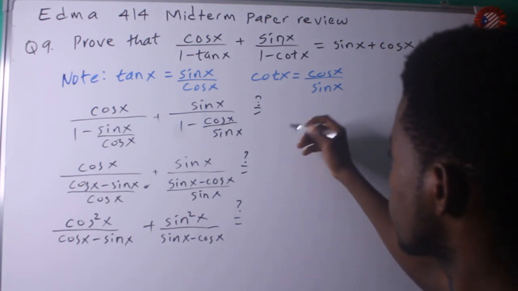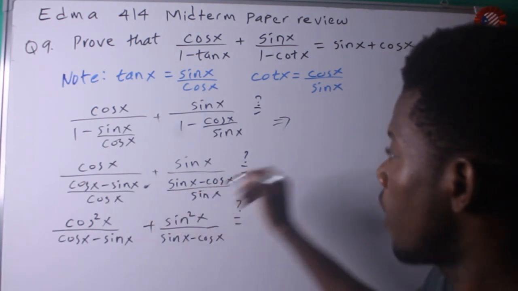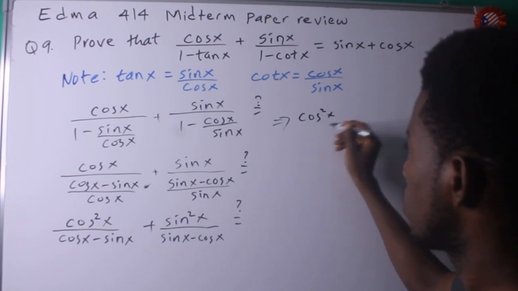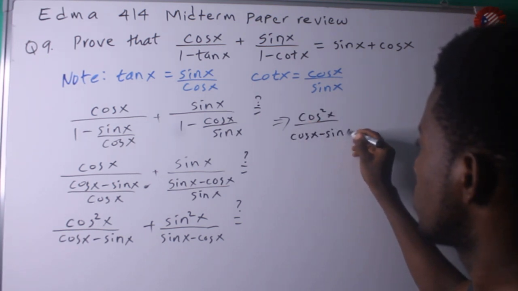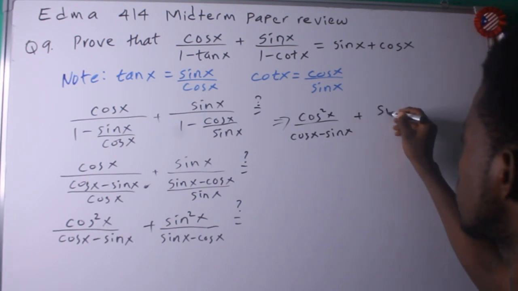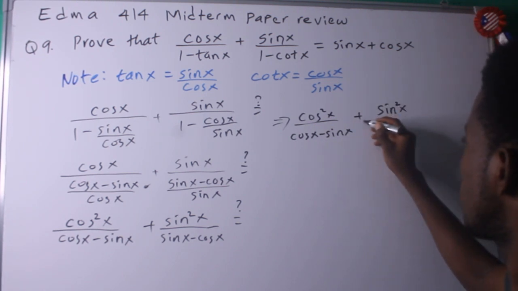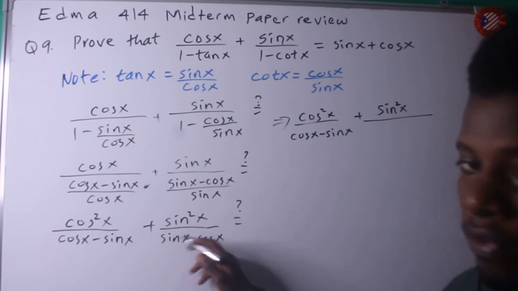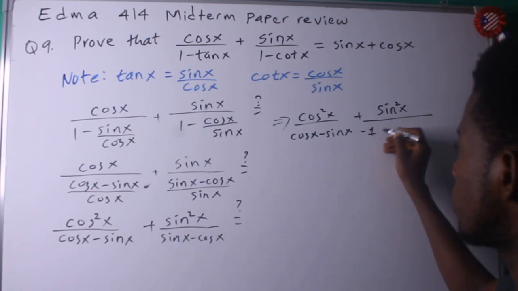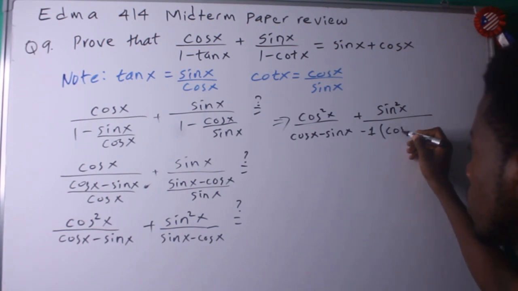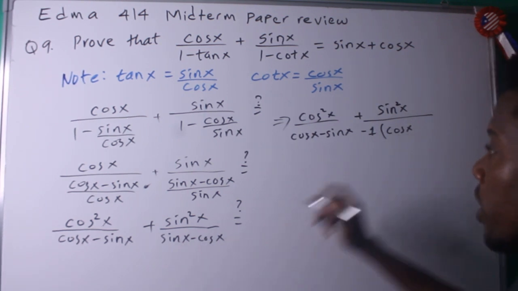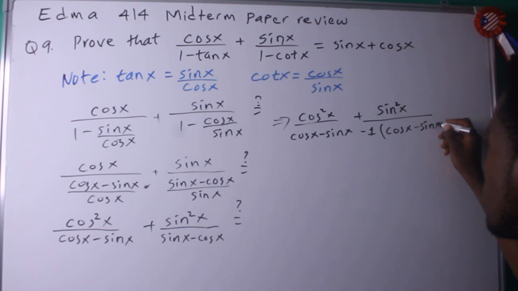So we have cos squared x all divided by cos x minus sin x, plus sin squared x all divided by, in this case, we factor out negative 1. If we factor out a negative 1, cos x becomes positive, so we have cos x, then sin x becomes negative, minus sin x.